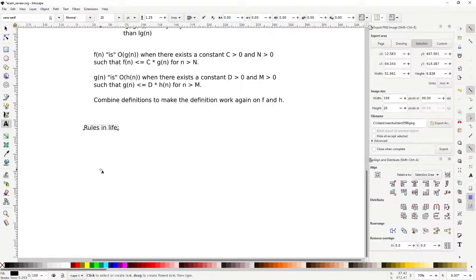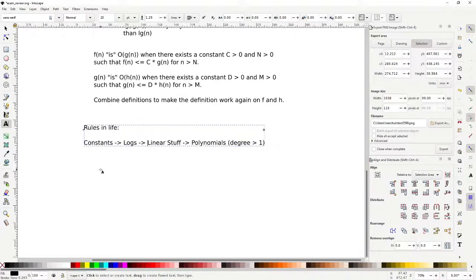So the rules in life are constants are less than logs. So basically, what I'm going to do is I'm going to say constants. I'll draw an arrow. Logs, linear stuff, polynomials of degree bigger than 1.